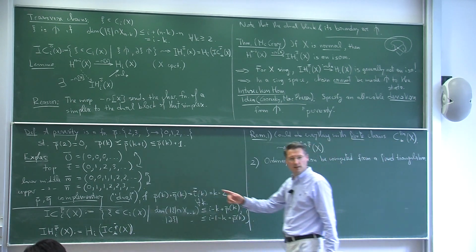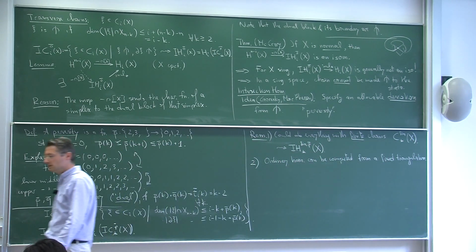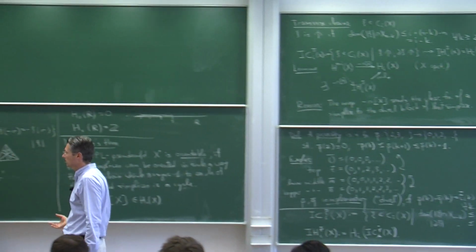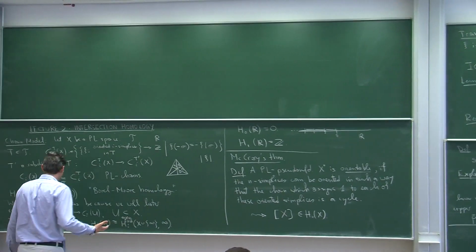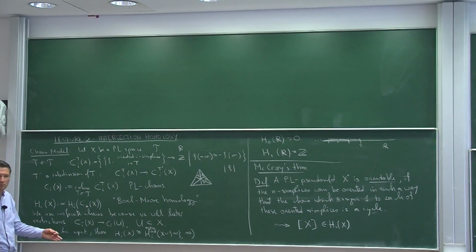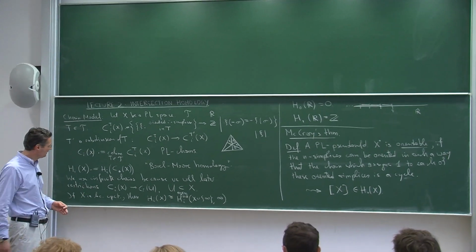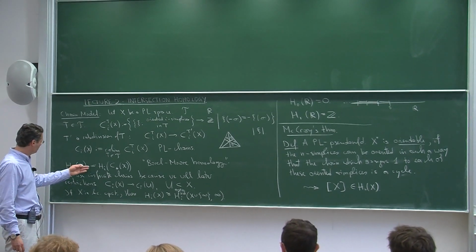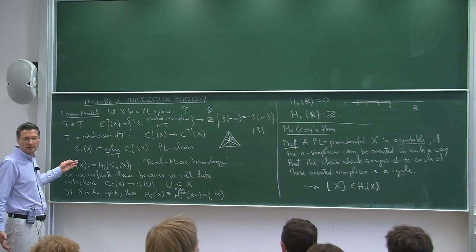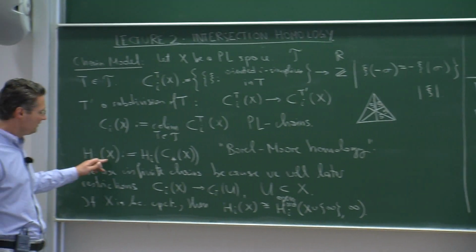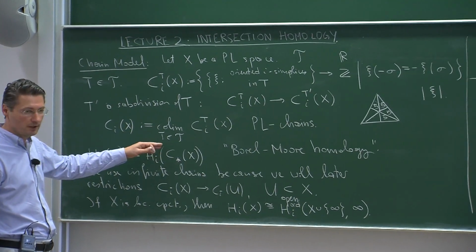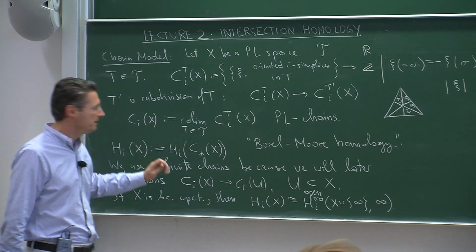You don't actually have to go through this co-limit, right? If you have a basic course on algebraic topology, you say you have a simplicial complex. The fixed simplicial complex has a homology, and so then that's actually independent of how you triangulate the space, right?